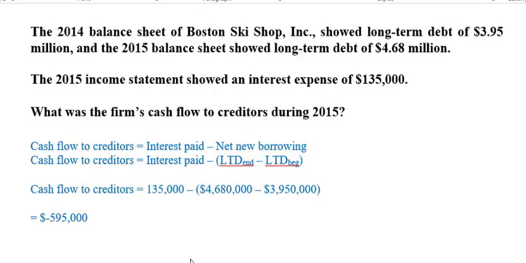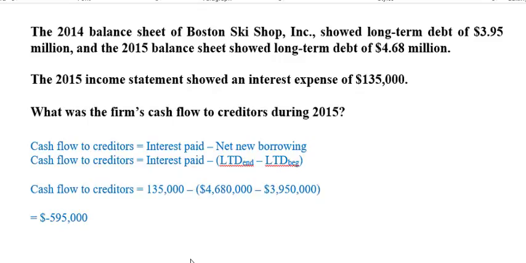We take that number and we subtract from that number the amount of money, the $4.68 million of long-term debt in 15, which is also subtracted from the year previous. So we took the $135,000 and we subtracted that. We actually came up with a negative $595,000 in our cash flow to our creditors.